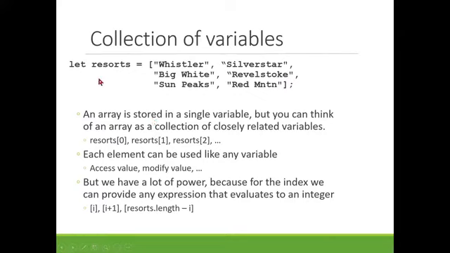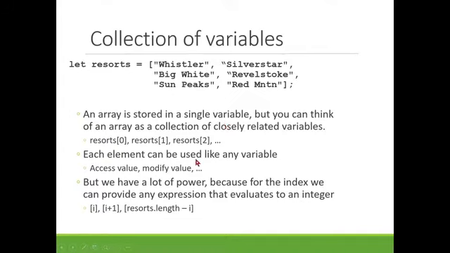So again, think of an array as like a collection of variables with related names. The literal variable stores the entire array, but then you can use the square brackets to access the first variable, the second variable, the third variable, and so on. You can access them, modify them, do everything you need.